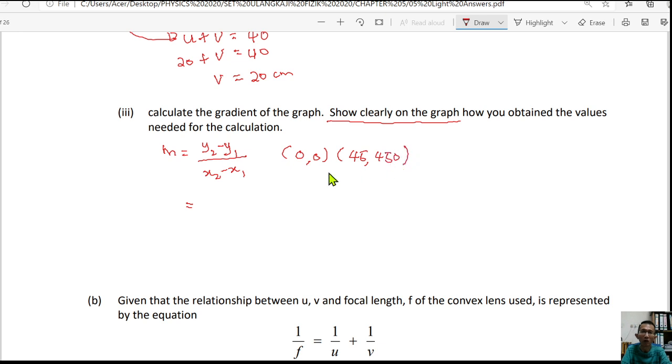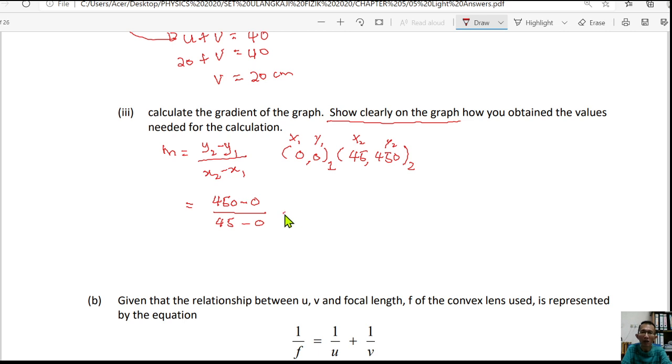Let's assume this to be point number 1, so here is my x1, y1, and here will be x2, y2. I just plug in the values. My y2 is 450 minus 0, and my x2 is 45 minus x1, which is 0.